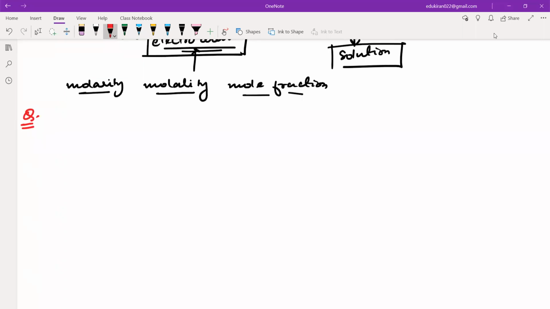All right, calculate. Number one, molality. Number two, mole fraction.